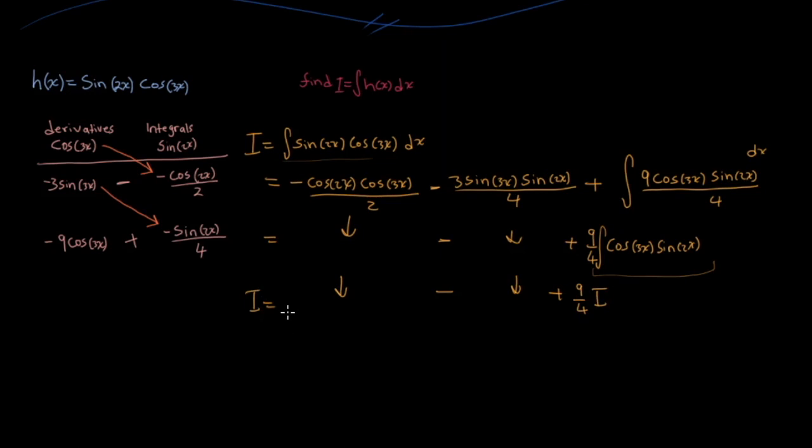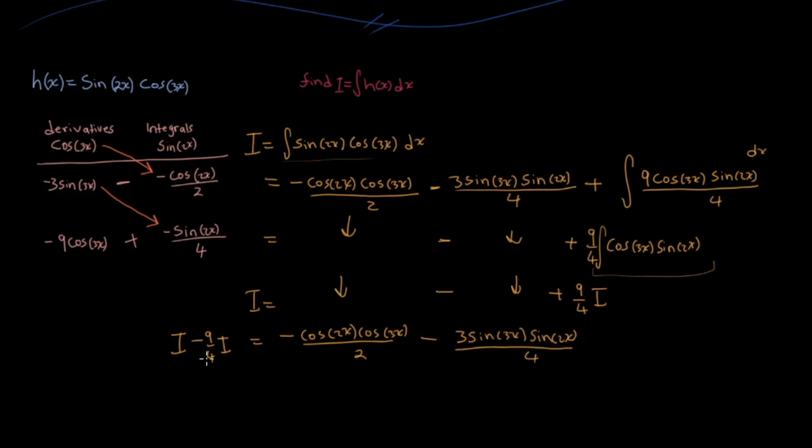And this also equals I as well. We can subtract I from both sides since this is a positive. We bring this over to this side, and that makes it a negative, so it's going to be I minus 9 over 4 I, which gives us this expression here: negative cos 2x cos 3x over 2 minus 3 sine 3x sine 2x over 4.